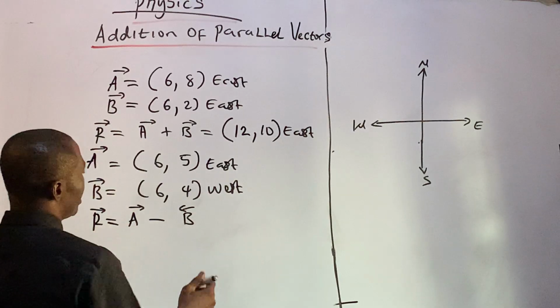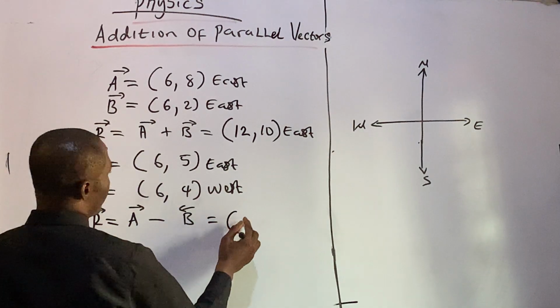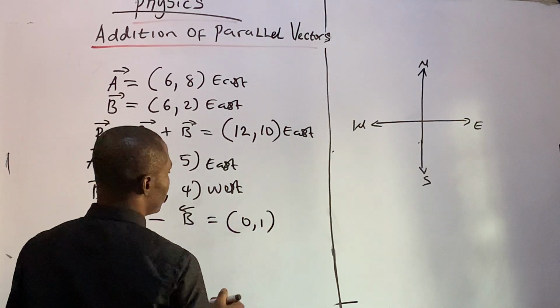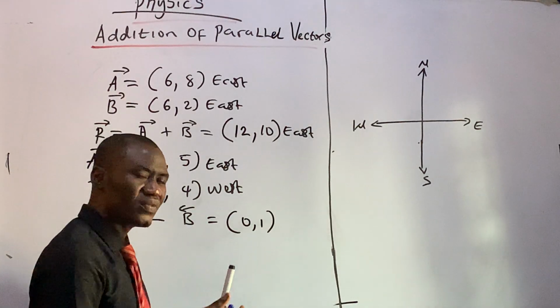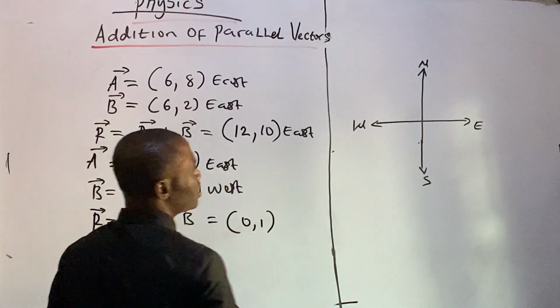So what we're going to have is this: 6 minus 6 is 0, and then 5 minus 4 is 1. Now, this vector will remain at the positive axis, that is, it's going to remain at the east position.